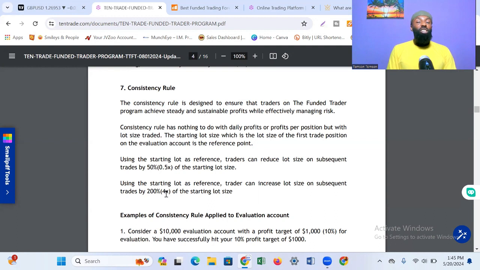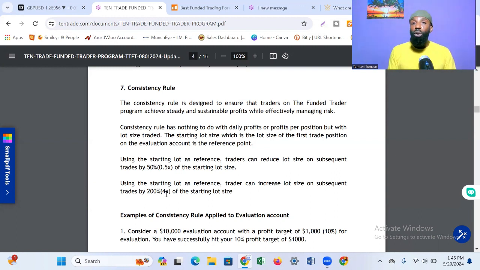Do you understand? It should be 0.25 mini lot size. And in that account, you can do up to 2 lot size, assuming you started with 0.5 lot size. Remember, you can go 4 times higher, which is 200% higher, then only 50% lower, okay?